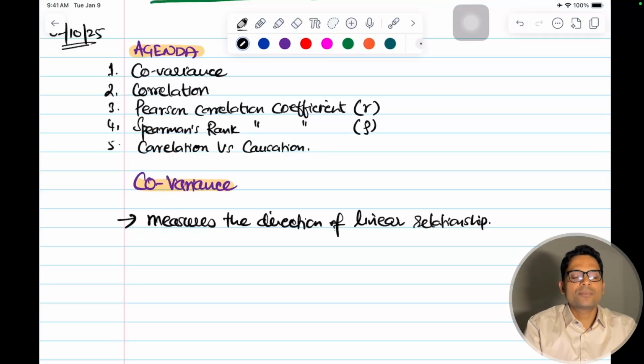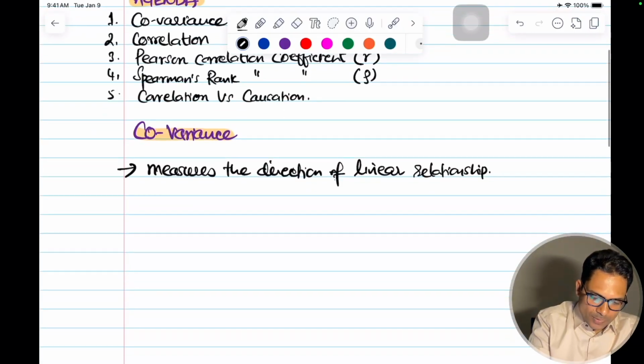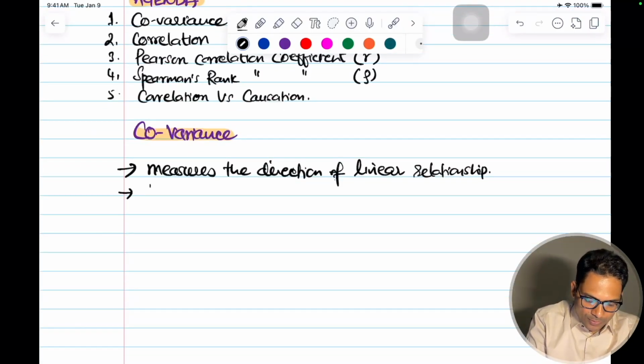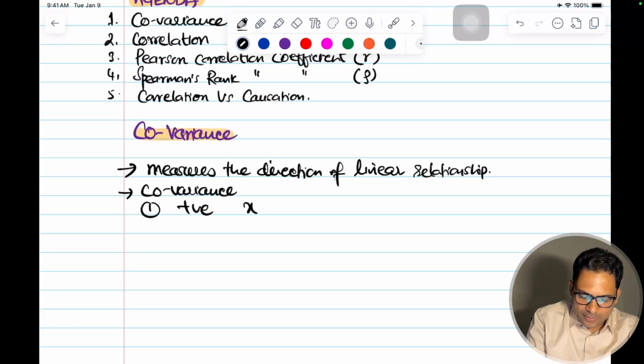So there can be three directions. Both are increasing together, or one is increasing and one is decreasing. The third option is that x is changing but nothing is happening in y: zero correlation, independent. So there can be three types. The covariance can be one, positive: if x increases then y increases.